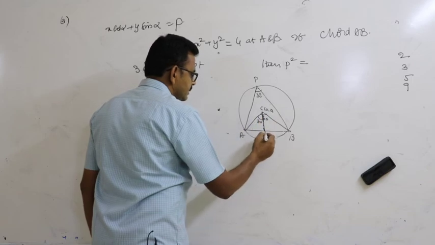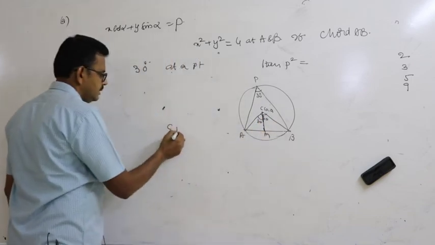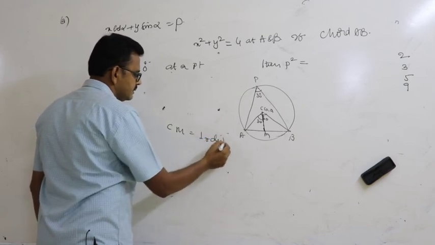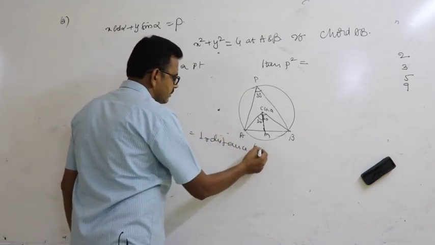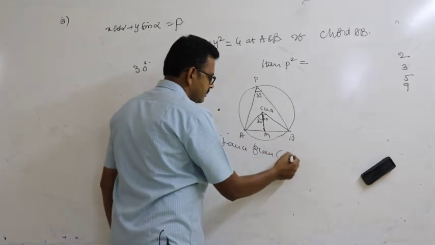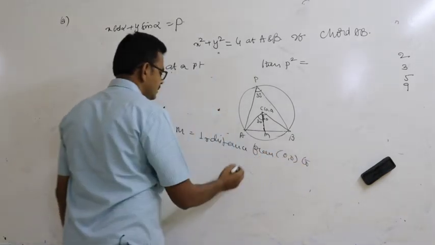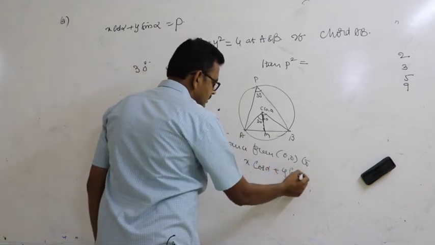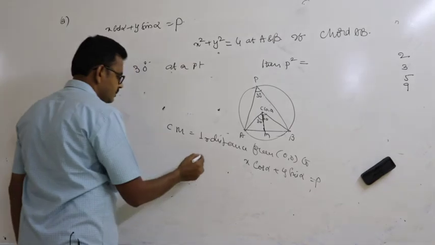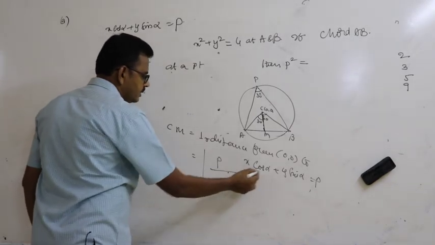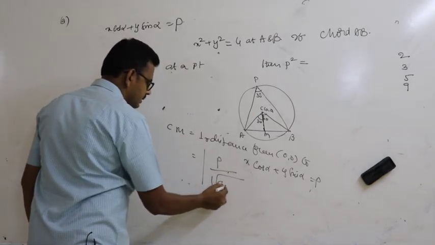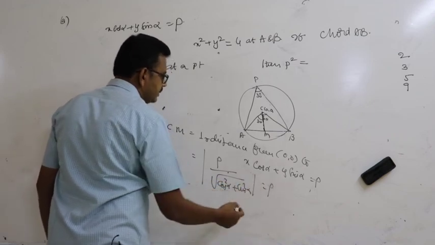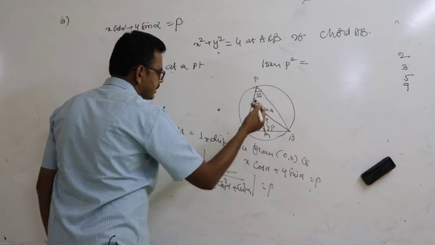Now the distance CM, where M is the midpoint, CM equals the perpendicular distance from center 0, 0 to the chord x cos alpha plus y sin alpha is equal to p. That is p by root of cos square alpha plus sin square alpha, that equals p. So the distance is p.